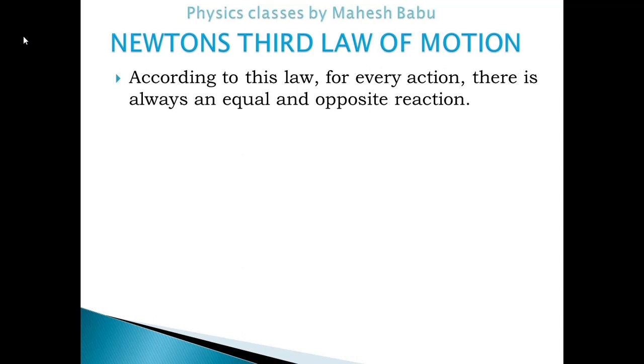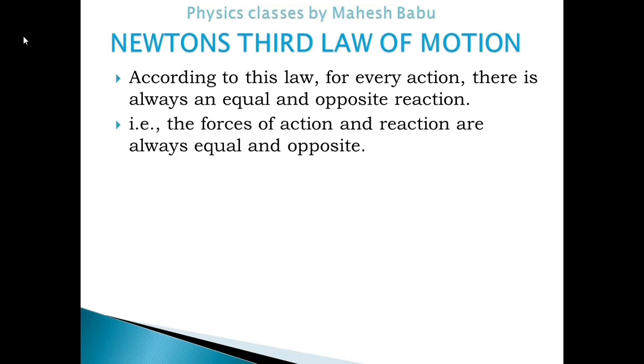According to this law, for every action, there is always an equal and opposite reaction. The forces of action and reaction are always equal and opposite in direction. The magnitudes of the forces are the same. Action force, reaction force, magnitudes are the same, but their directions are opposite.